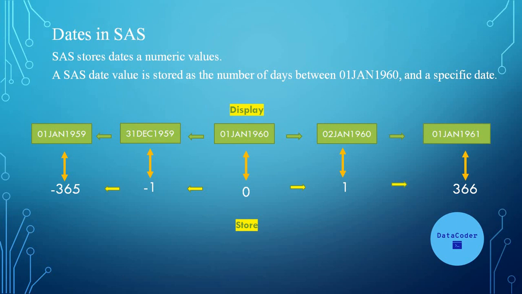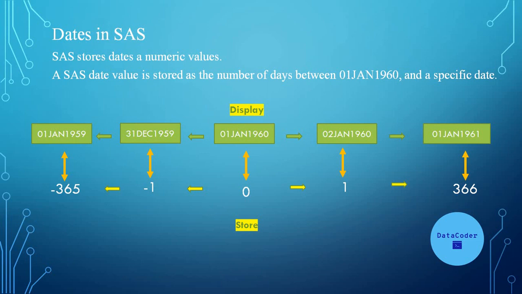So the storage value will be 0 for 1st Jan 1960, and for 2nd Jan 1960 the storage value will be 1. In the same way, the storage value for 1st Jan 1961 will be 366, and any date prior to 1st Jan 1960 will be stored as a negative value.